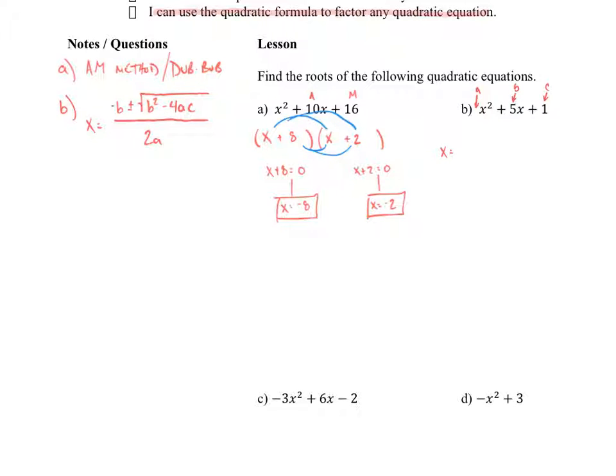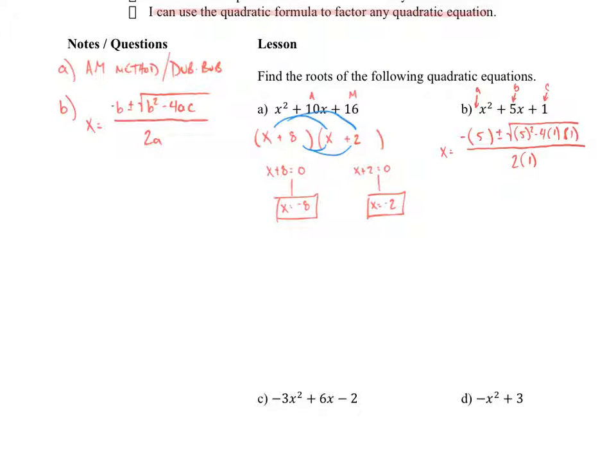X equals negative, well, instead of b, we'll use 5 because 5 is our b, plus or minus the square root of b squared minus 4 times a, which is 1, times c, which is also 1, all over 2 times a.